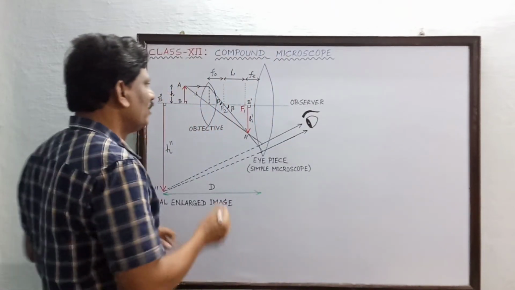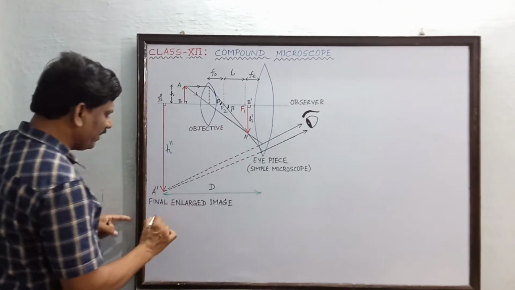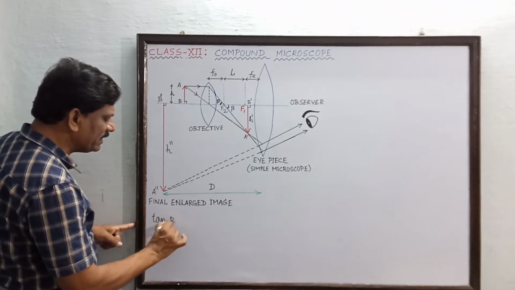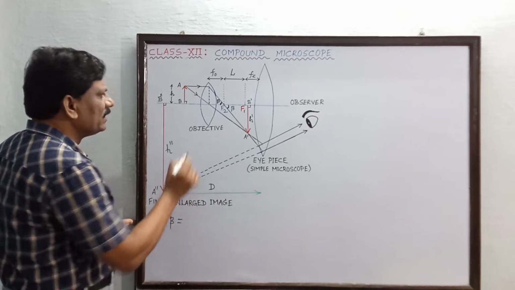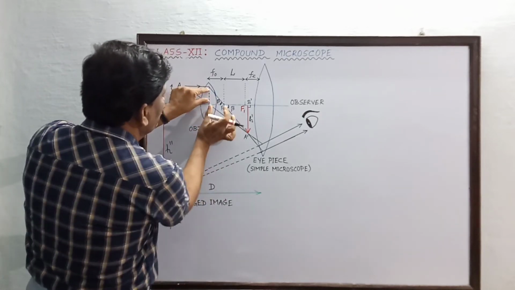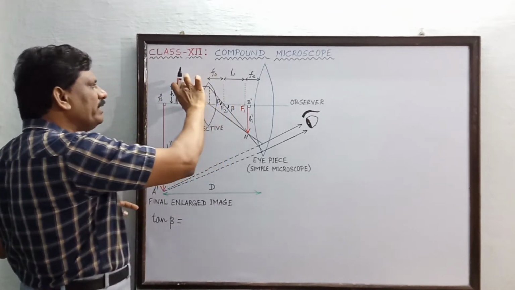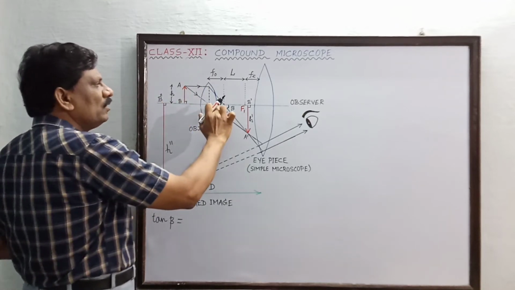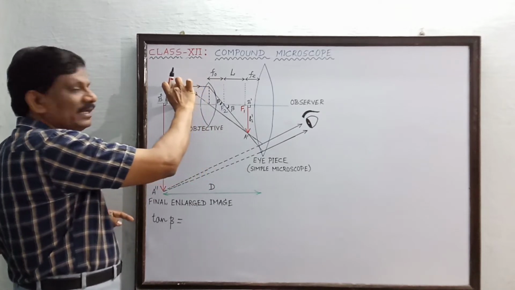Now for this angle above the principal axis, I will find an expression for tan of beta. So tan of beta is equal to opposite side by adjacent side. This opposite side is equal to the height of the object, h. So opposite to beta is the side h.